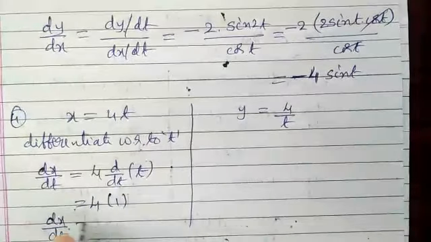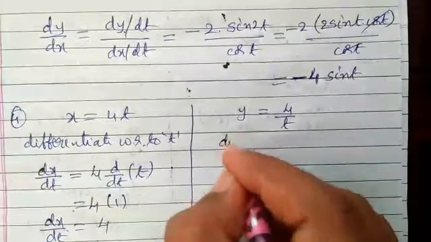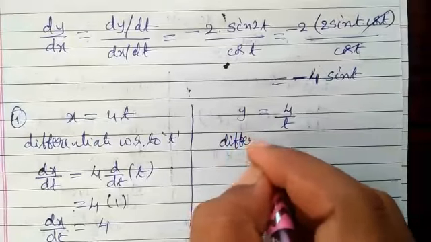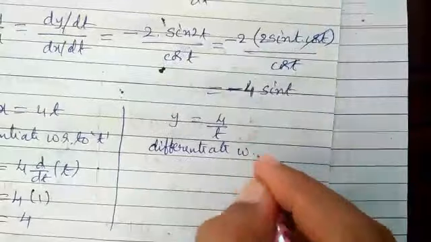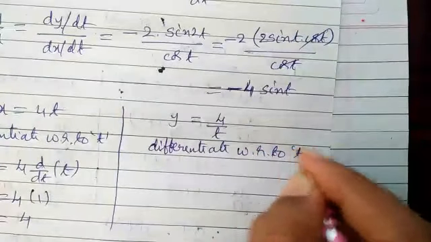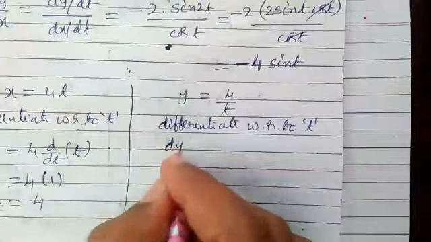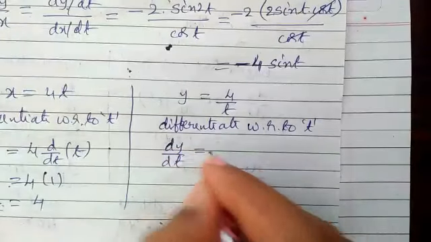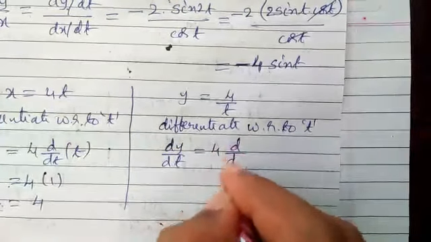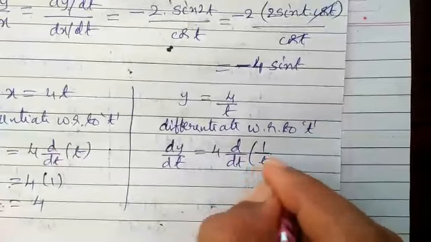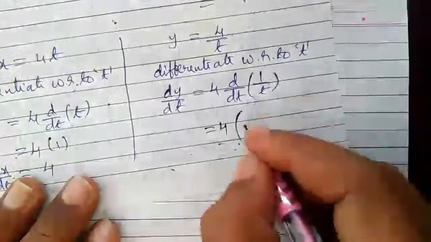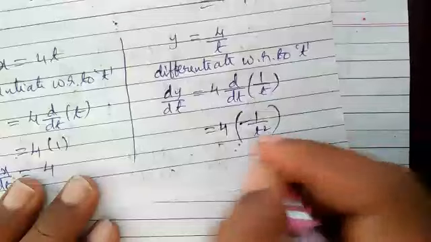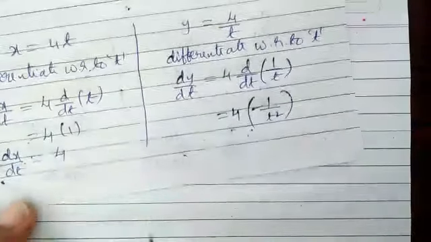So the dx by dt value is 4. Differentiate with respect to t. dy by dt is equal to 4 into d by dt of 1 by t. The derivative of 1 by t is minus 1 by t square.